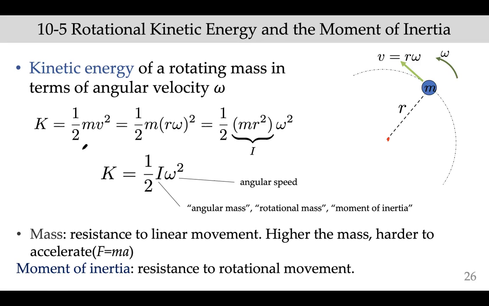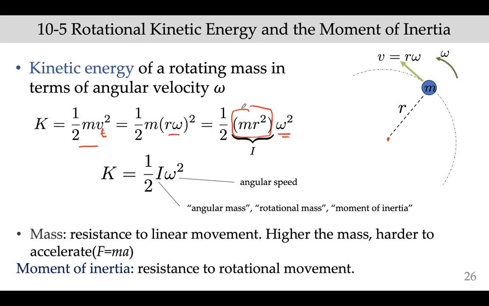Well, we can start from 1/2 mv squared, which is true for the linear case. Now, instead of v, we are going to write the tangential velocity, or the linear velocity, and the definition of tangential velocity is r omega. Now, we're going to write m r squared together here, and separate the omega squared here.